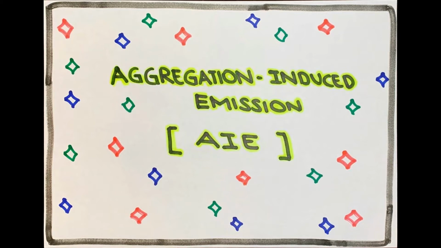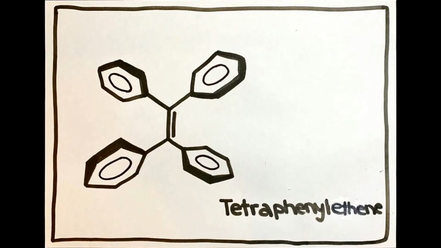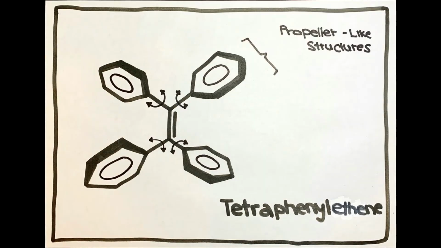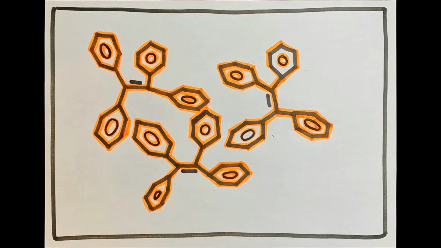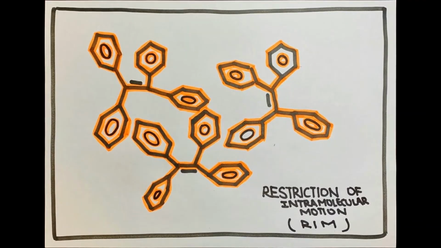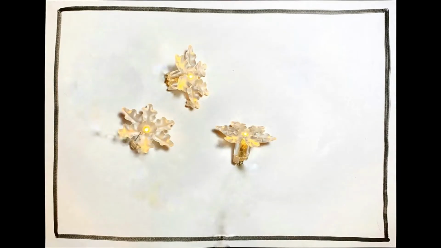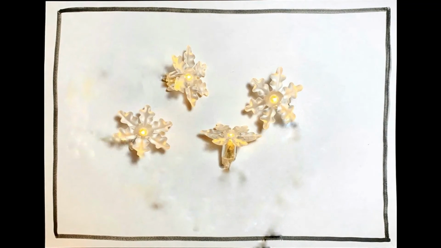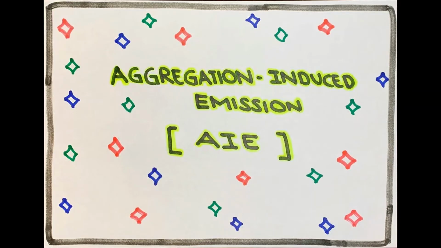Unlike large molecules such as fluorescein, molecules such as tetraphenylethene or TPE consist of these propeller-like structures which causes these molecules to fluoresce even when aggregating, but not alone. This fluorescence is due to the process of restriction of intramolecular motion. Therefore, when molecules like tetraphenylethene aggregate, it leads to an overall enhanced emission, giving the phenomenon of aggregation-induced emission.